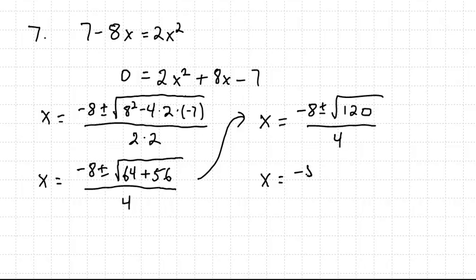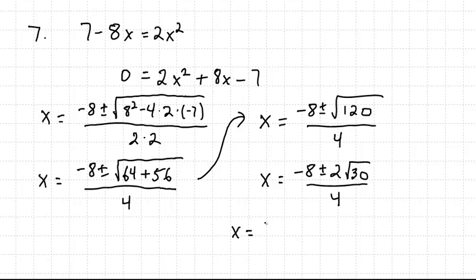X is negative 8 plus or minus. We can actually take out a perfect square. 4 is a perfect square that goes into 120, so this becomes 2 root 30 over 4. Now to simplify this, be very, very careful here. The numerator has not been factored, so don't just go off canceling any way you want.